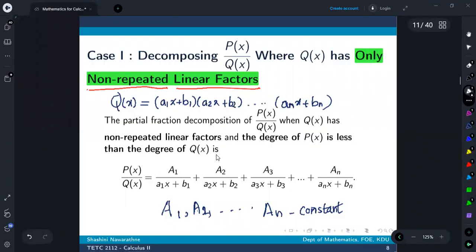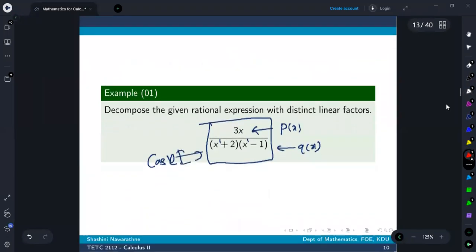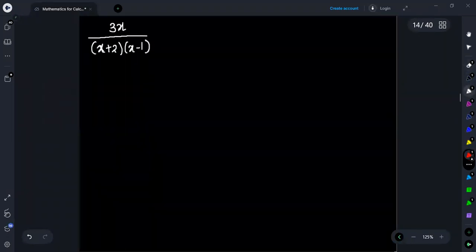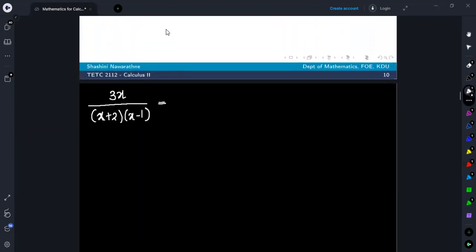We are going to write this type of expression for our example. So let's see how we do that. As the first step, the first thing that we need to do is write the expression related to the partial fraction.